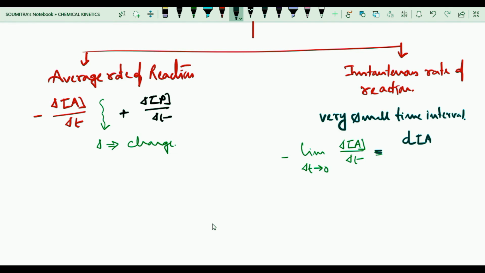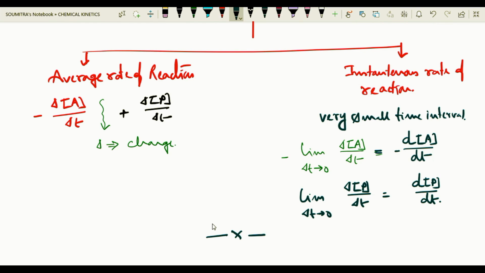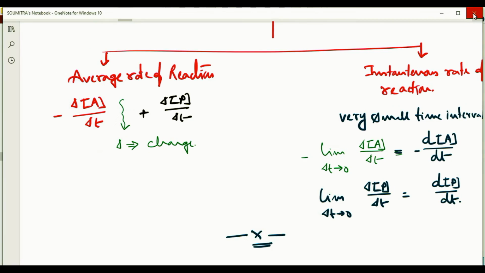That means we will write dA by dt with the negative sign, and for product limit delta T tends to 0, delta P divided by delta T, we will denote as dP by dt. That's it for today. We will continue this chapter in the next classes.